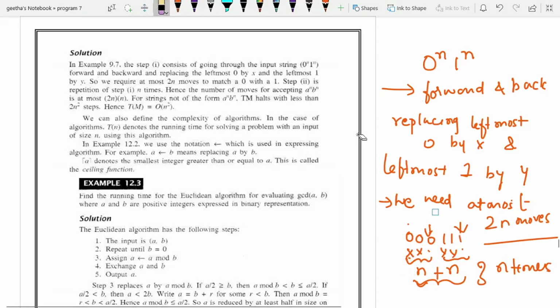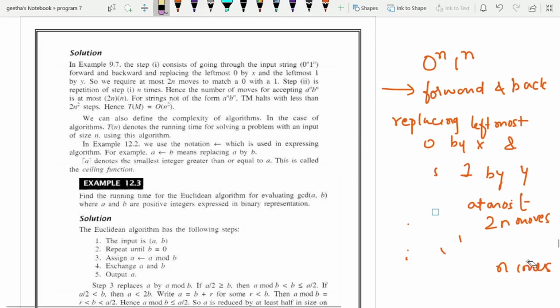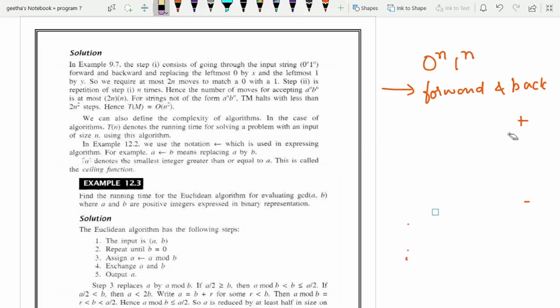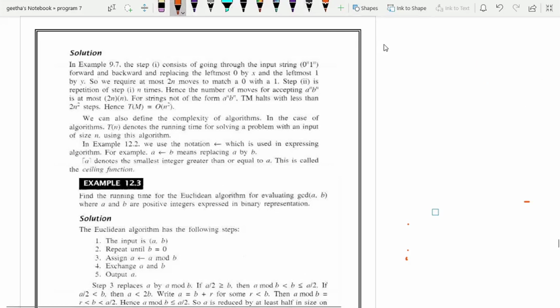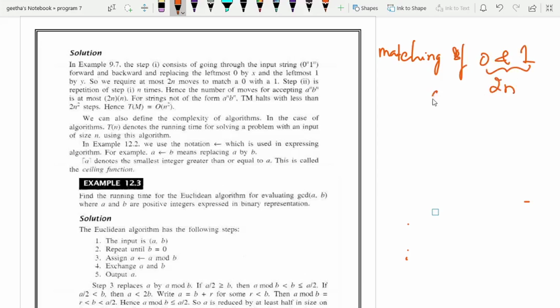So matching of 0 with 1 takes at most 2n moves, and this is repeated n times, because you have 0 to the power n and 1 to the power n.